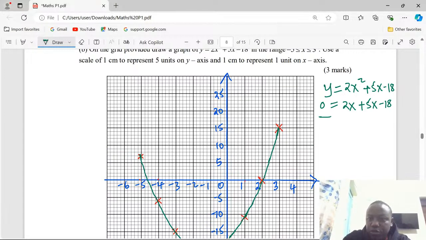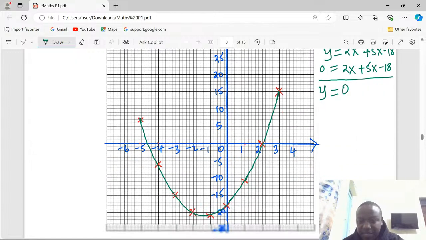Now we can subtract downwards the corresponding terms. If it is y, we subtract 0, we get y. Then 2x squared minus 2x squared becomes 0. 5x minus 5x becomes 0. Negative 18 minus negative 18 also becomes 0. So this side becomes 0.